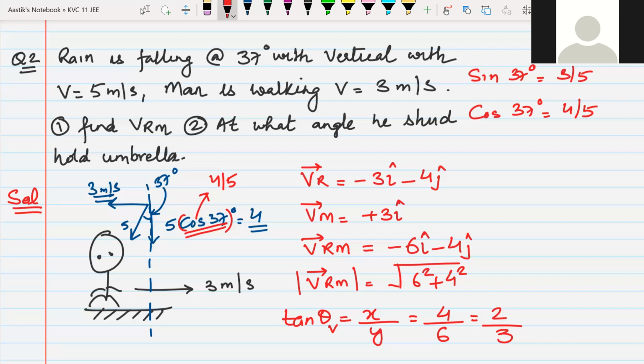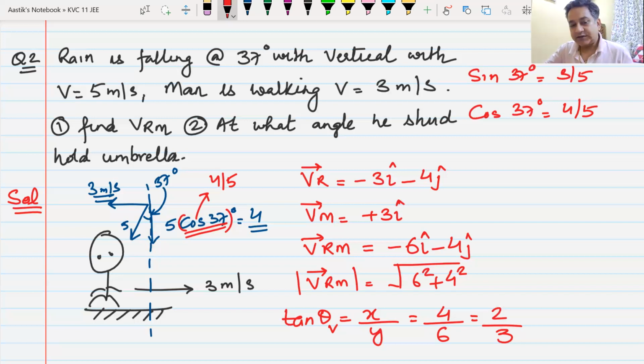Any doubt? Sir, tan theta is x by y, 6/4. I've written it 4/6.